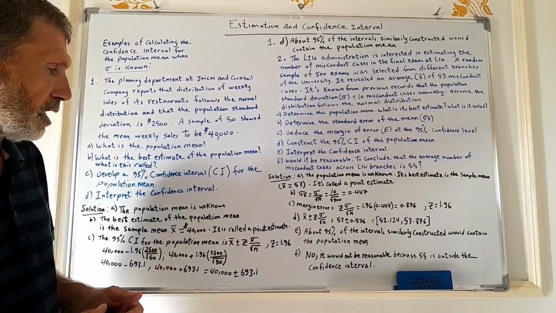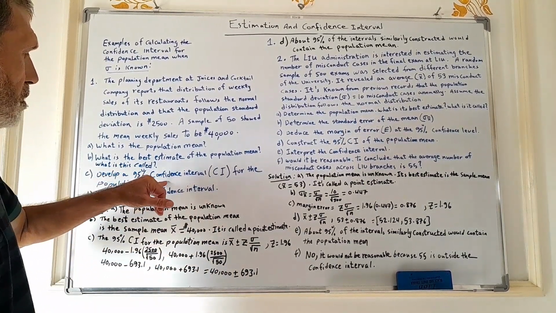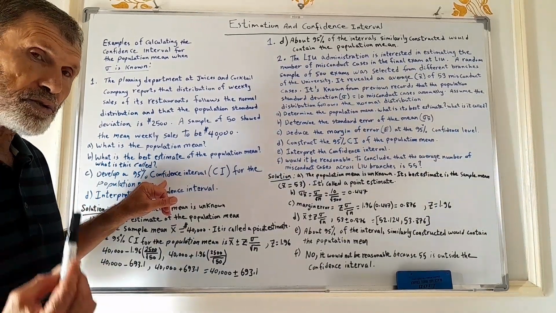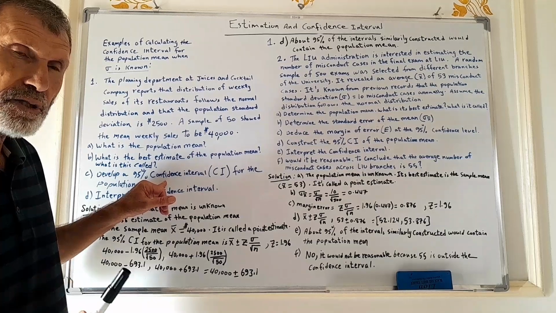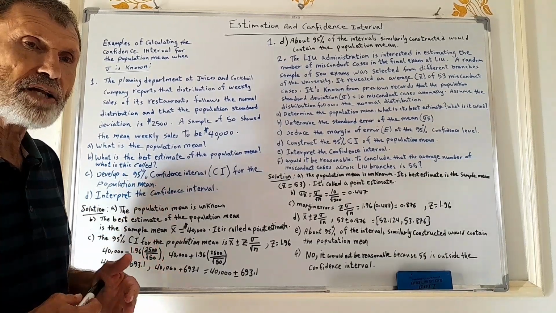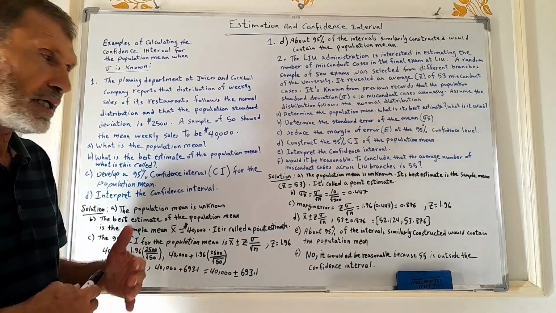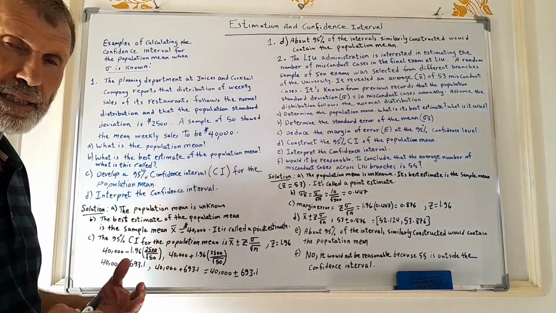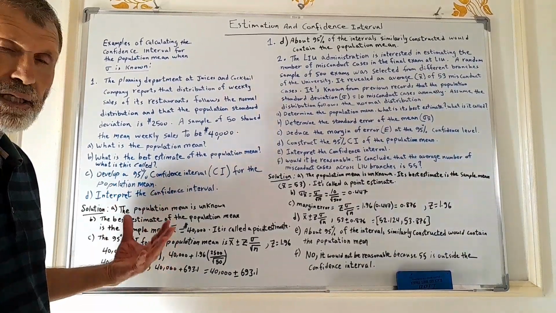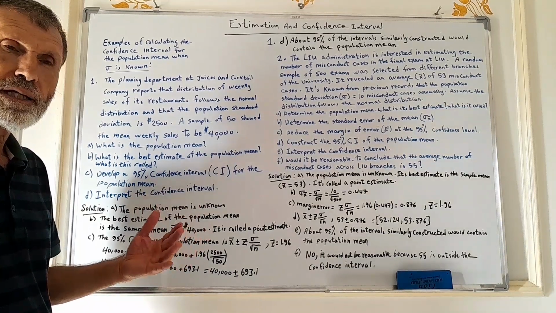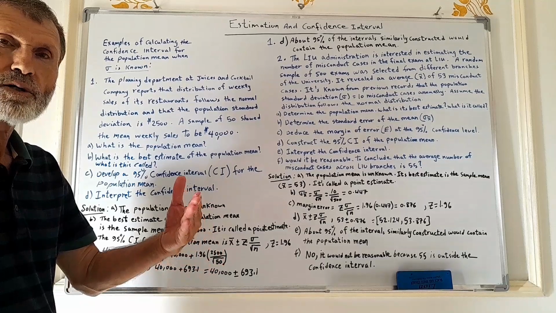Now remember, since we're talking about the 95% confidence interval, I have already talked about how to find the z value for different confidence levels. You can go back and see exactly what we did to calculate the z values for different levels of confidence.